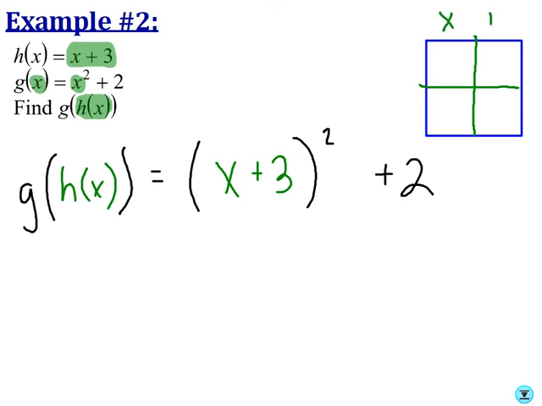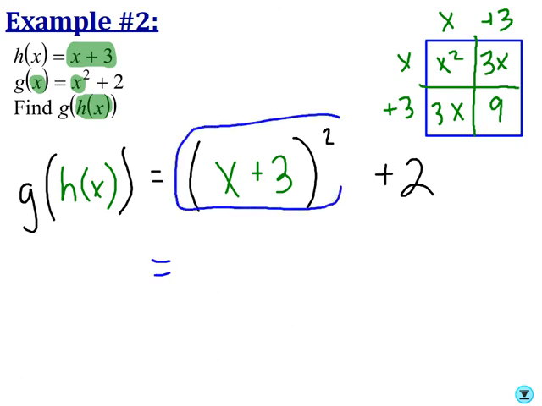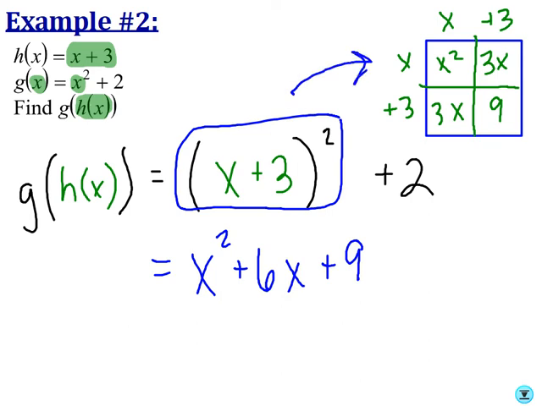So 2 by 2: x plus 3, x plus 3, x squared, 3x, 3x, and a positive 9. We'll expand this with blue. So this piece here simplified to x squared plus 6x plus 9, and that's from the box. And then the plus 2 comes down from our original function.